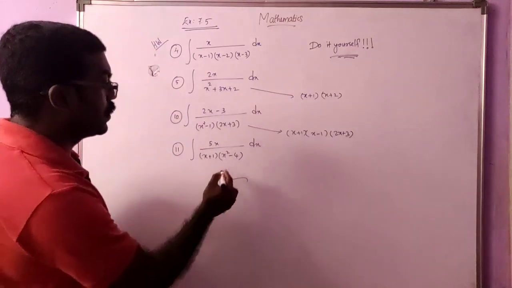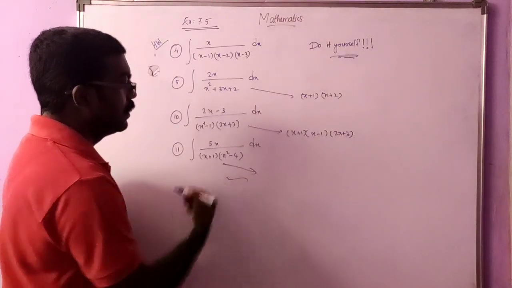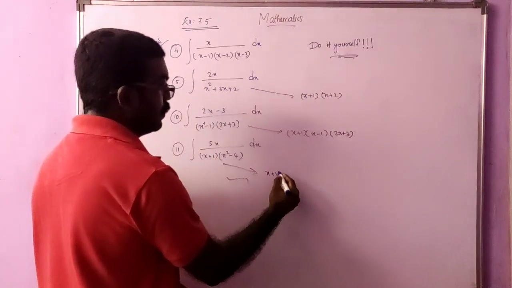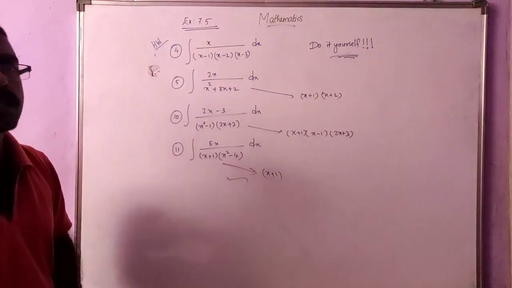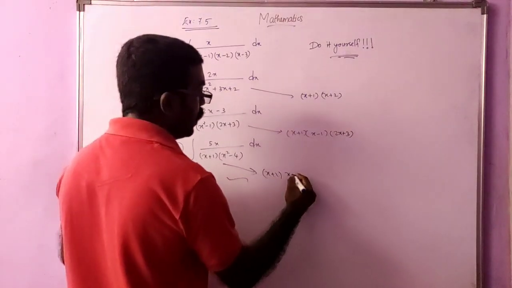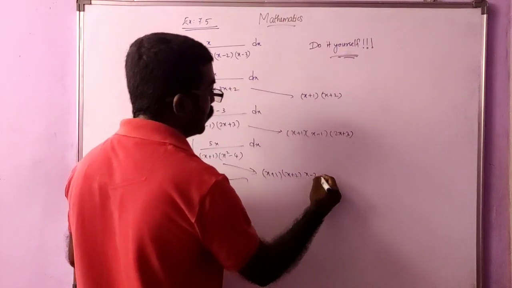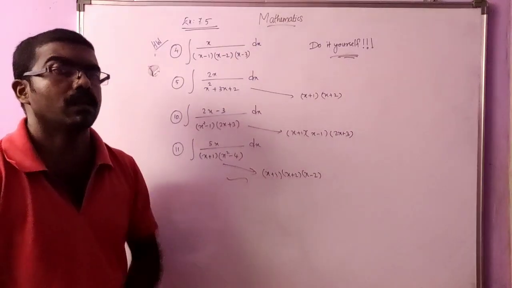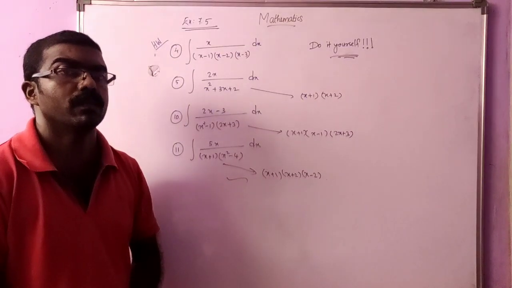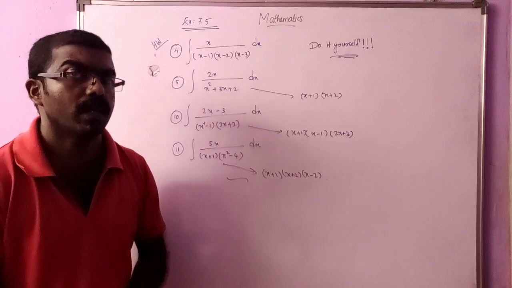And here also this term, x plus 1 into x square minus 4, x square minus 2 square, a square minus b square, x plus 2 into x minus 2. The same type, third type. So these all are left for you. Do it yourself. You can practice and find out the answer.